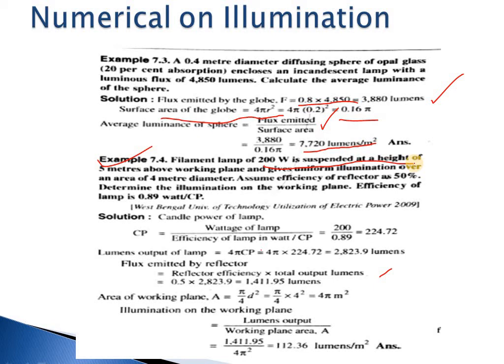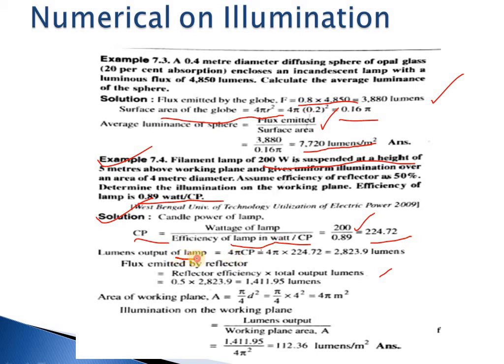The efficiency of the lamp is 0.89 watt per CP. Okay. So the candle power of the lamp, CP, equals the wattage of the lamp divided by the efficiency of the lamp in watt per CP, that is 200 divided by 0.89, that is 224.72.